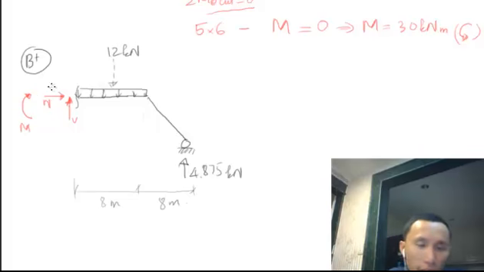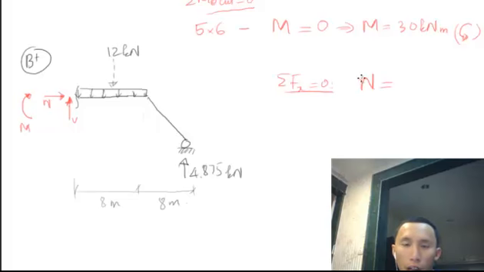Now ready. Again we use sigma Fx, sigma Fy, and sigma moment to solve these three forces. We can see there's only one force in x direction, which is N, so this itself is going to be equal to 0. So sigma Fx equal to 0 and only N, so N equal to 0.